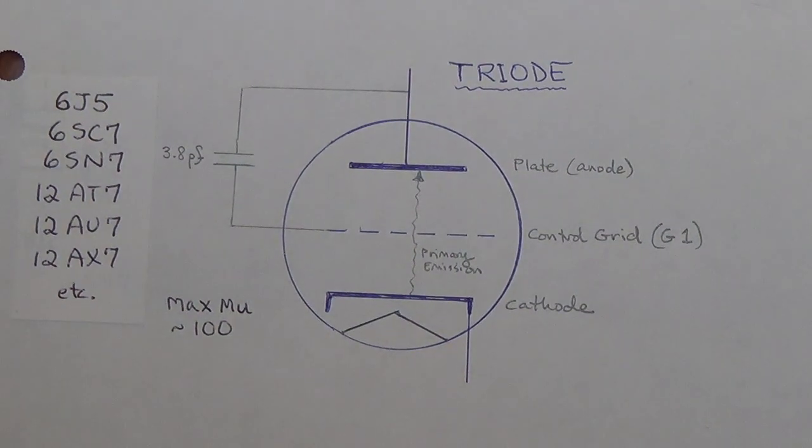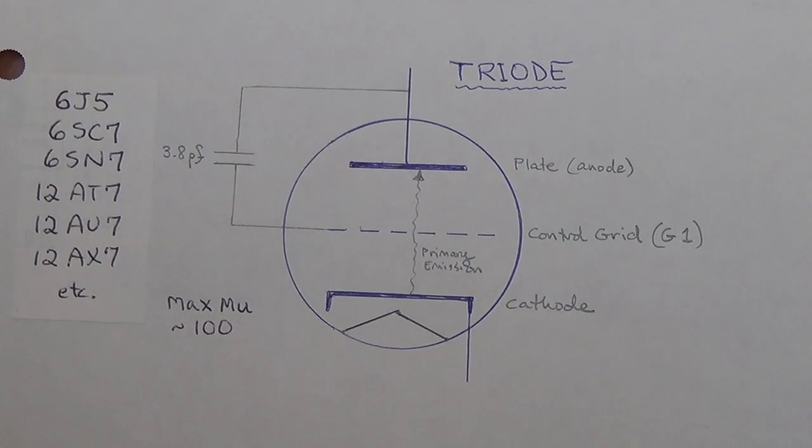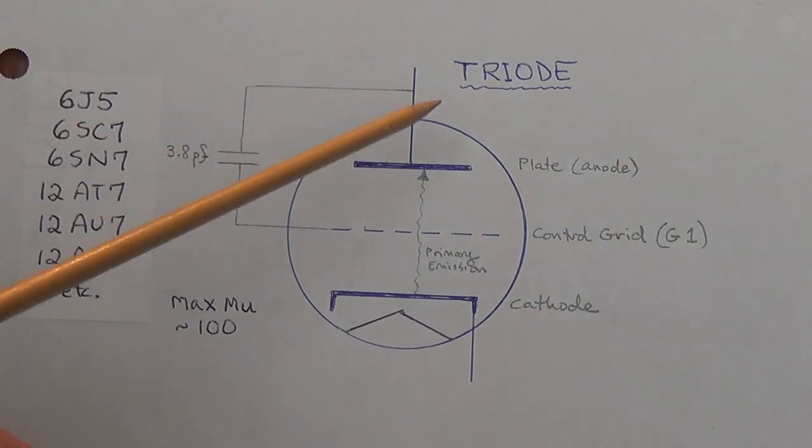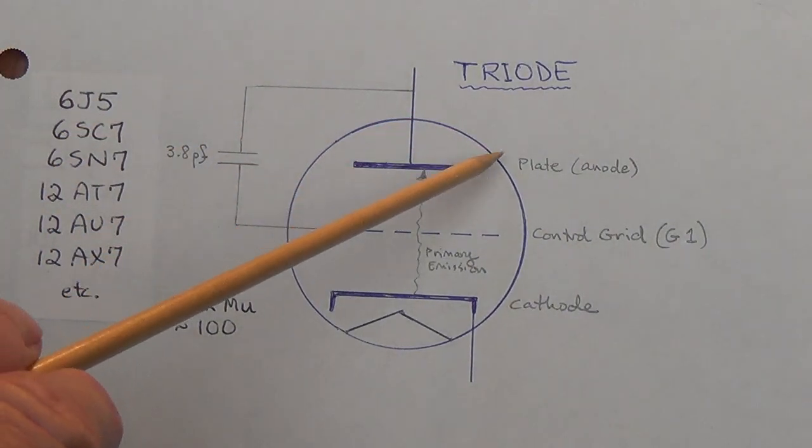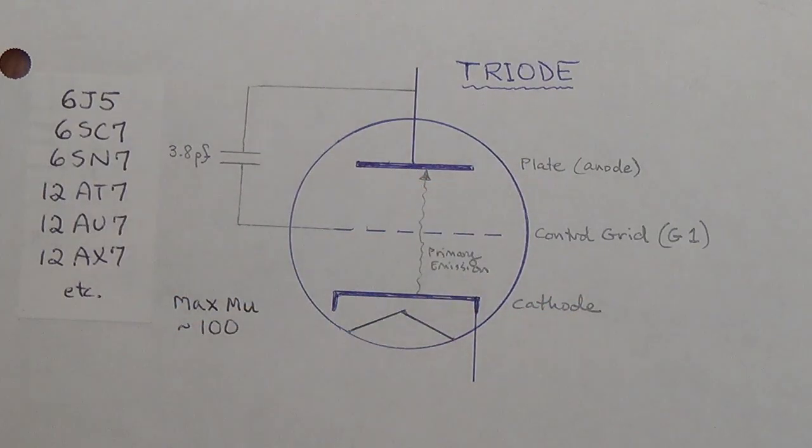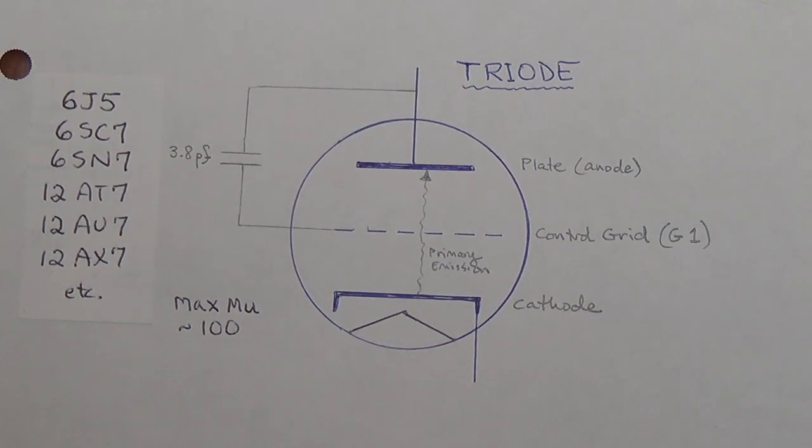Its purity of tone and limited amplification factor make it ideal for use as a preamplifier tube. And the equal and opposite phase of the outputs from its plate and cathode make it an ideal phase inverter.